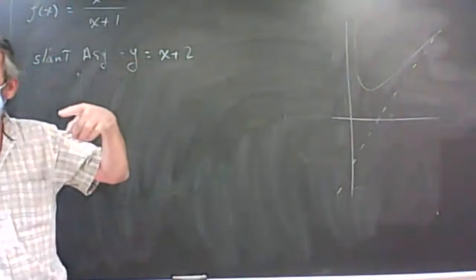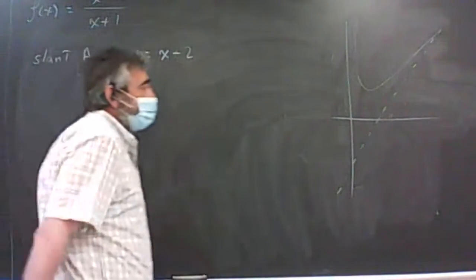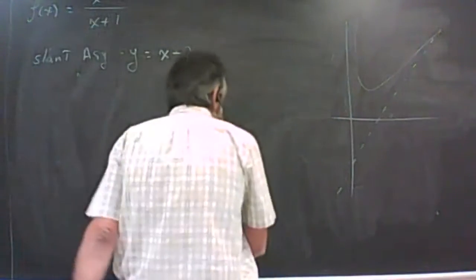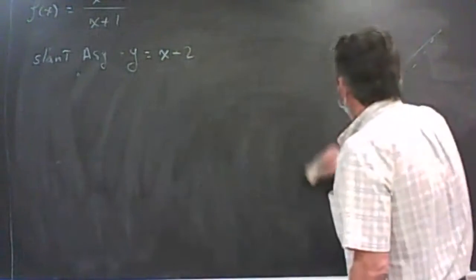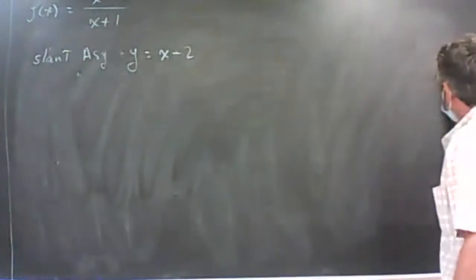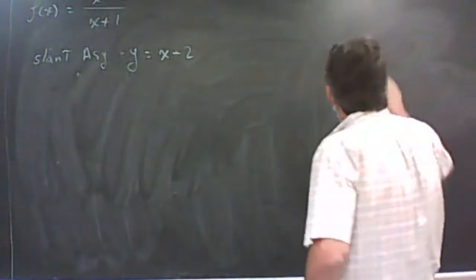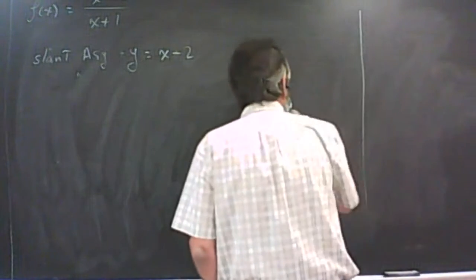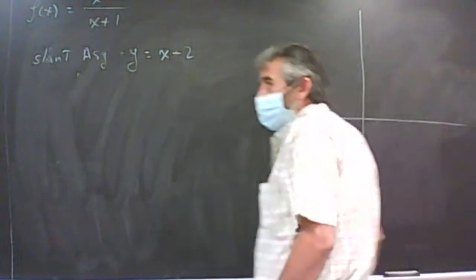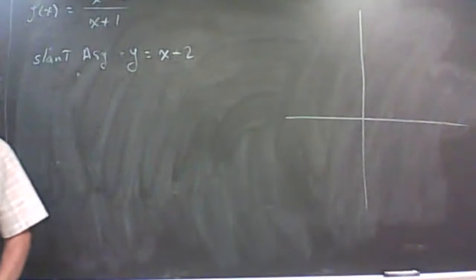Did I get x plus 2 or x minus 2? Minus 2. So we're just going to put minus 2. Let's continue with this and try to graph it. Okay, now, we got y equals x minus 2 for the slant asymptote.